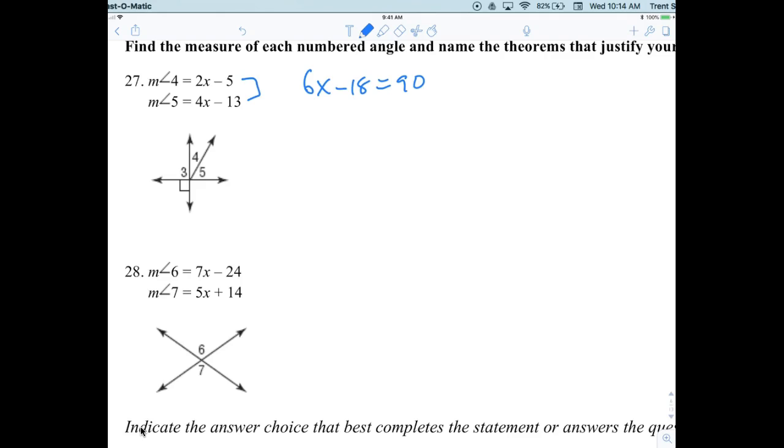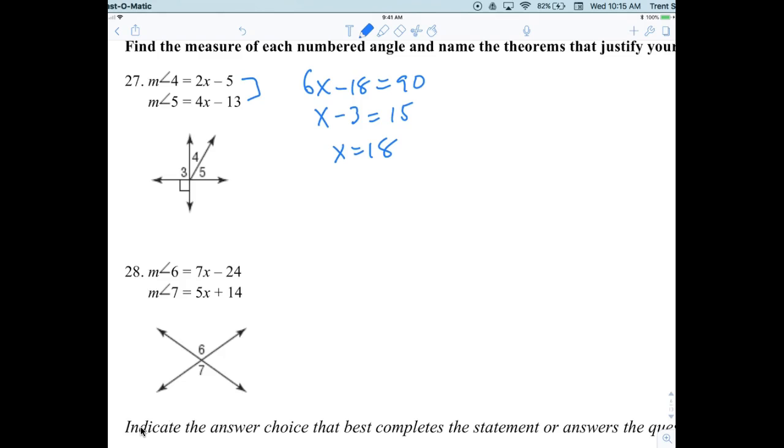So I would divide by 6. X minus 3 equals 15. So x is equal to what? You agree with this? Yes. And then you just plug in to figure everything out.